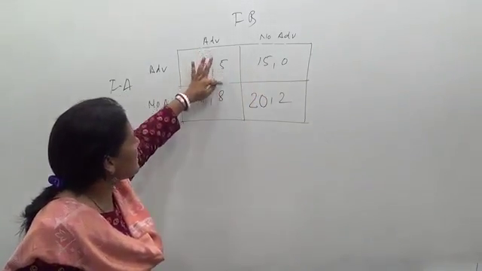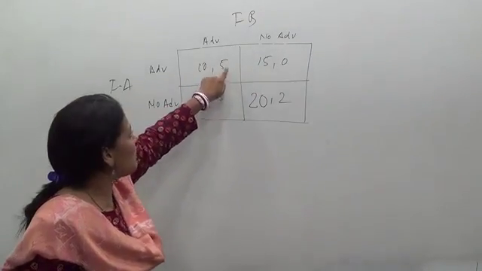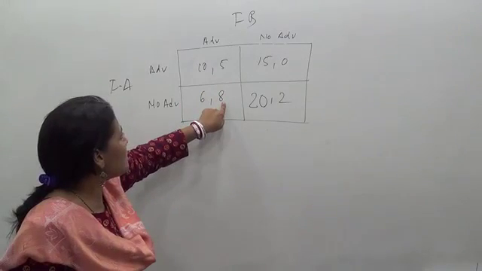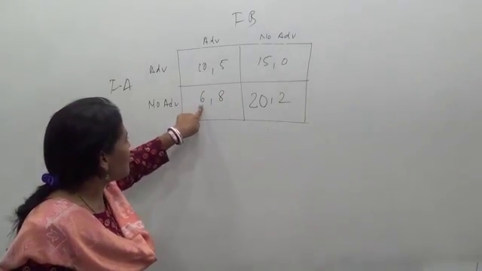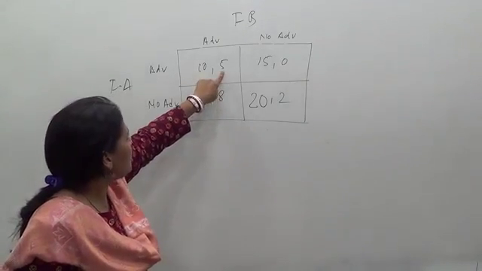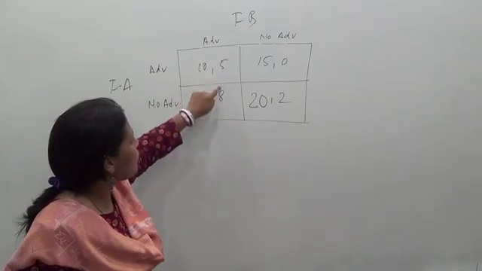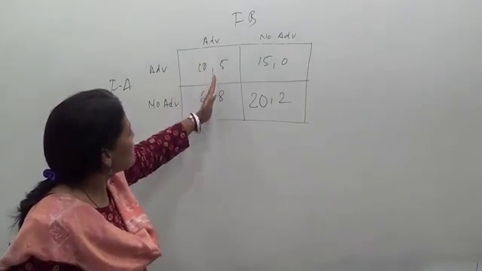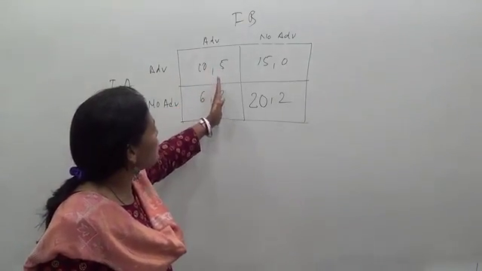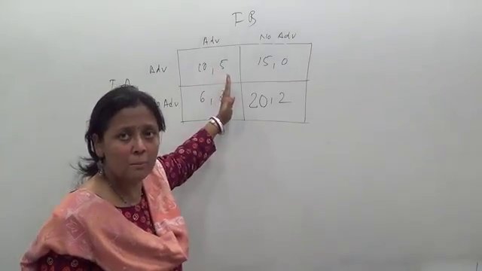Out of them, these are the best and this is the next best. Okay? So then it is without advertisement for A and with advertisement for B, and this with both parties advertising. Now out of this 8 and 5, we understood that these are the two best situations for firm B.